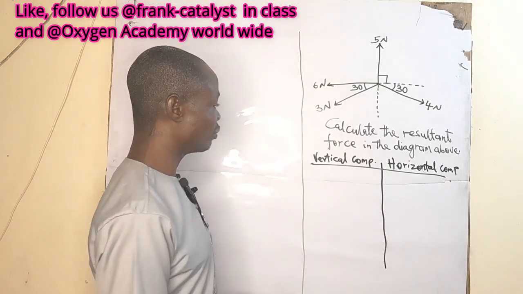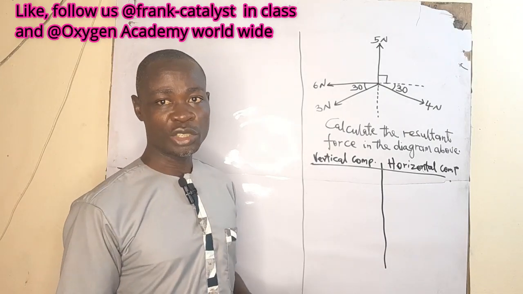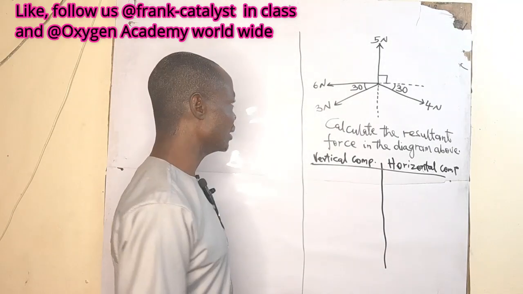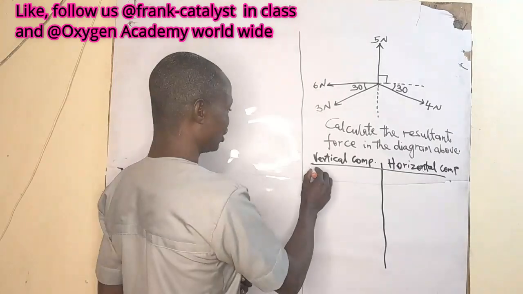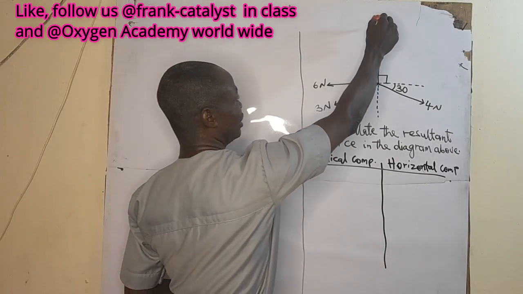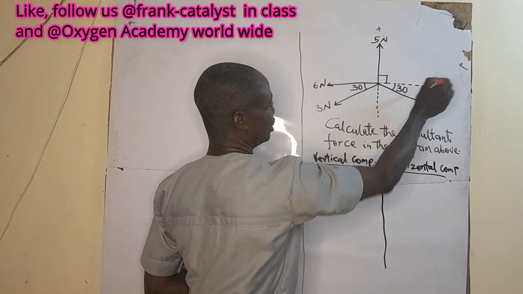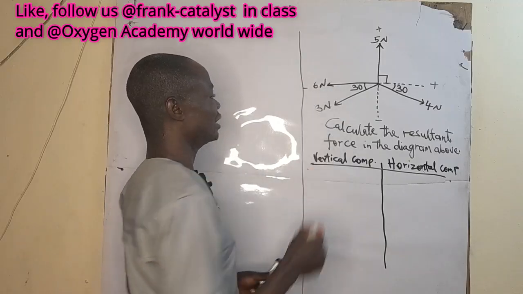We already know from our trigonometrical ratios what cos and sine are. This is positive, this is positive, this is positive, here is negative, here is negative.